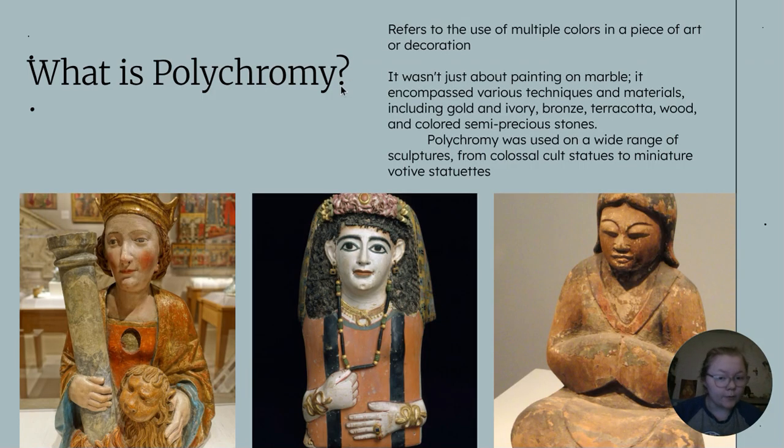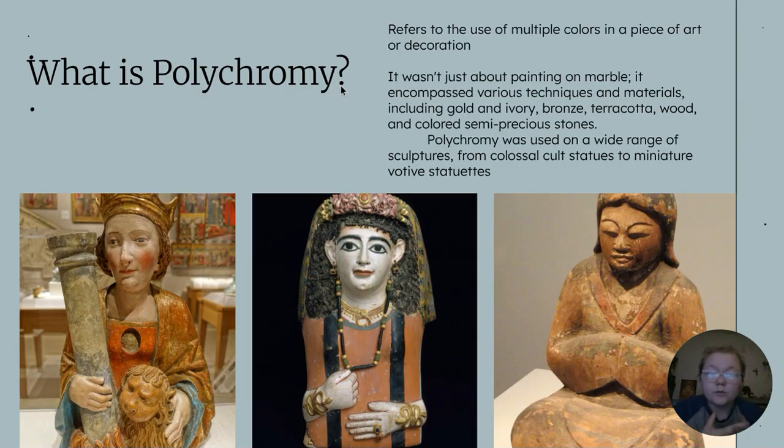So what is polychromy? It refers to the use of multiple colors in a piece of art or decoration. It wasn't all just about painting on marble. It also encompassed various techniques and materials, including gold and ivory, bronze, terracotta, wood, and colored semi-precious stones, kind of like sapphire, ruby, lapis.